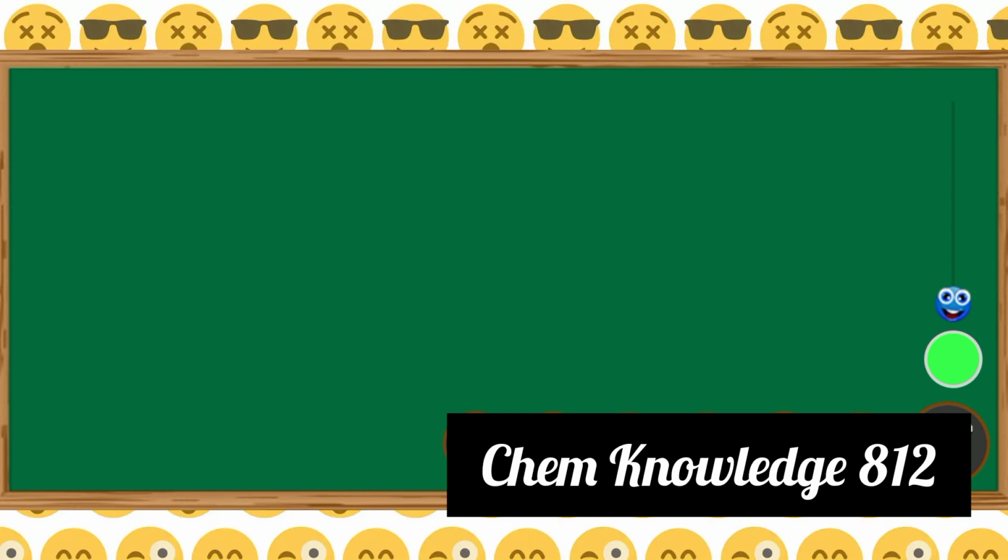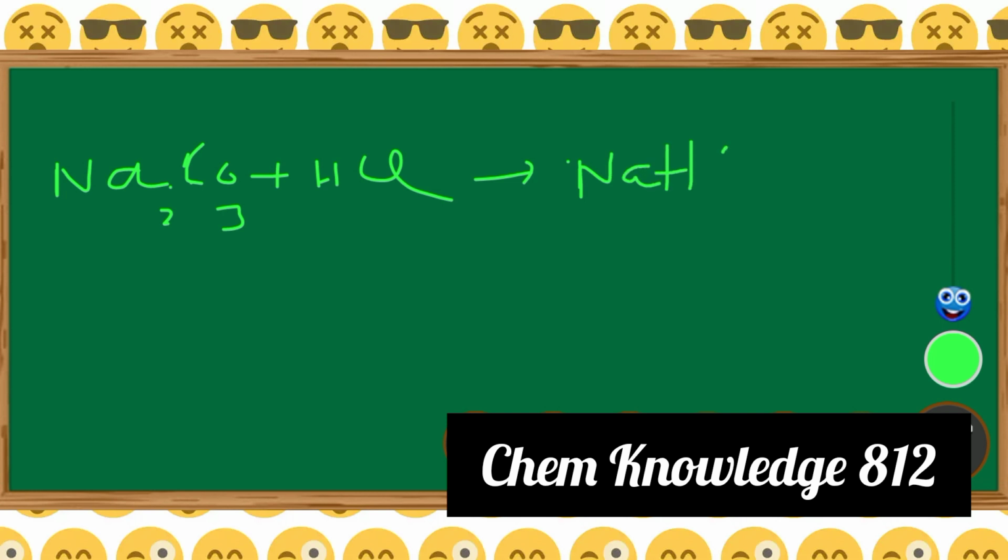So, if we come towards the reaction between sodium carbonate and HCl, in the case of titration of sodium carbonate against HCl, first you can say that sodium bicarbonate plus H2O will be produced.